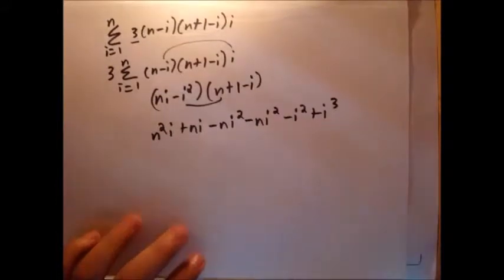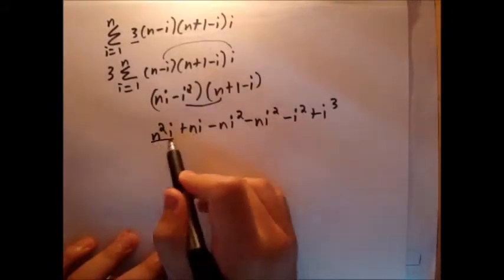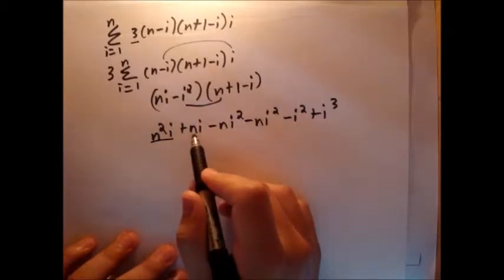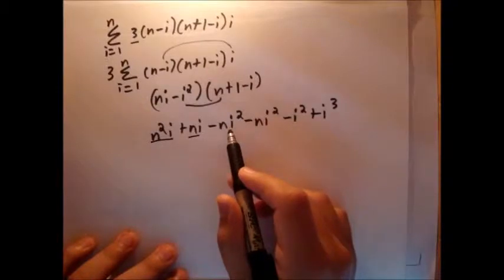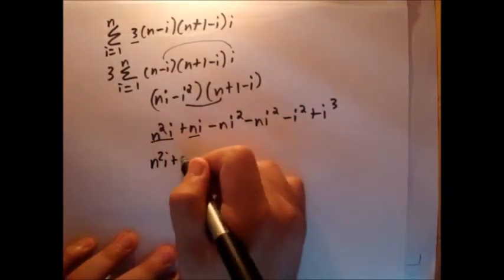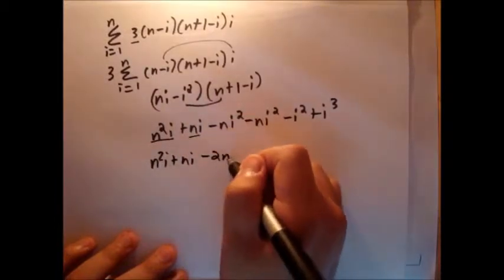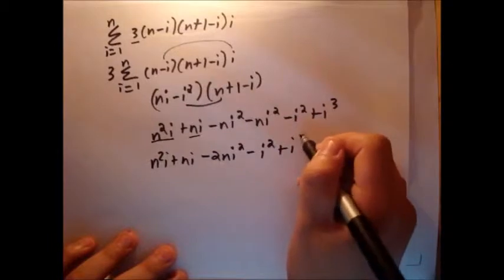Let's actually simplify things right now. So here we have n squared i, that's single. ni, that's also single. And then we have a minus ni squared minus ni squared. That can be simplified: minus 2ni squared minus i squared plus i cubed.